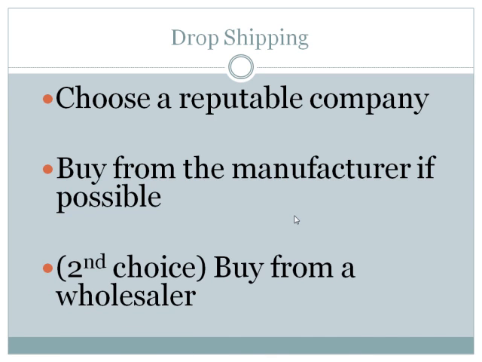There are some companies that don't allow an end seller to buy directly from the manufacturer. If that's the case, your second best choice is to buy from a wholesaler. One large company that does not allow manufacturer direct purchases is Black & Decker, the company that makes power tools. Their products are really good items to sell on the internet because the items are small enough to ship and it's easy to explain each item and show pictures of it.